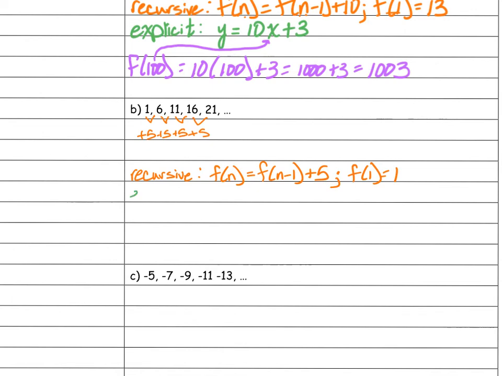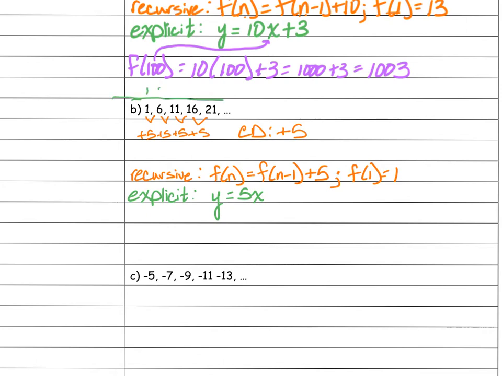And now my explicit. So I know y equals my common difference, which I didn't write up here. I'm so sorry. My common difference was plus 5. So I've got 5x. And then I'm going to make a little table up here.